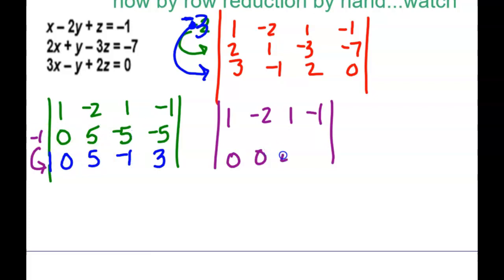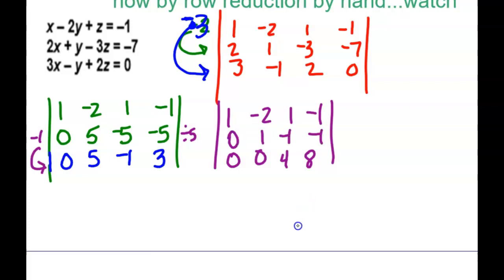Added here would be 4. -1 times -5 would be 5. Added there would be 8. And then what I'm going to do is divide this row. Before I write this row down, I'm just going to divide it all by 5, or multiply by 1/5. So this one is going to become 0, 1, negative 1, negative 1.